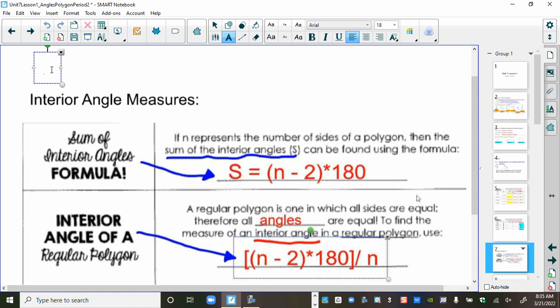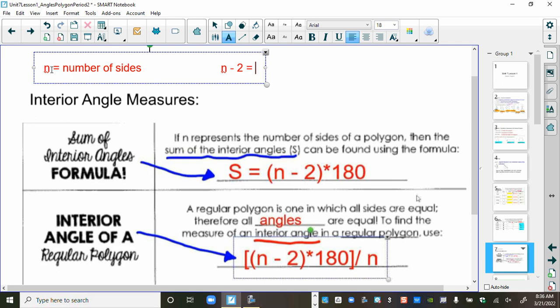Number of sides, n. I'm also going to tell you n minus 2 equals the number of triangles of a polygon.